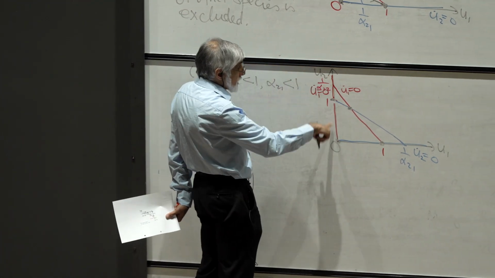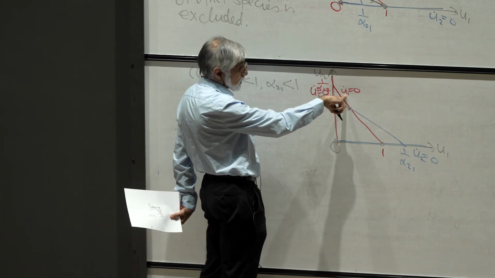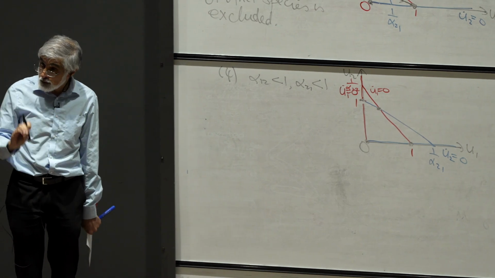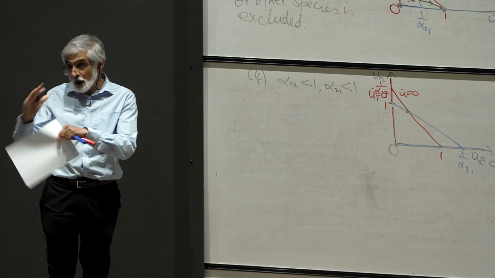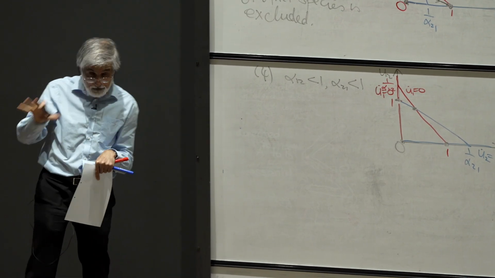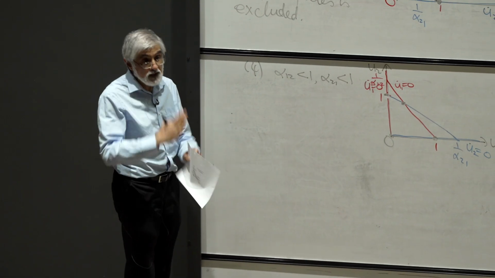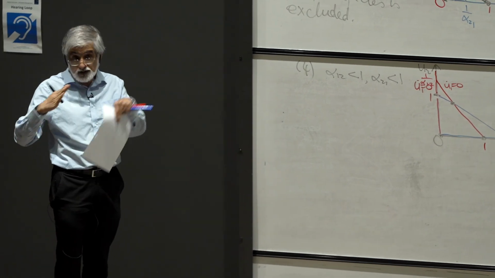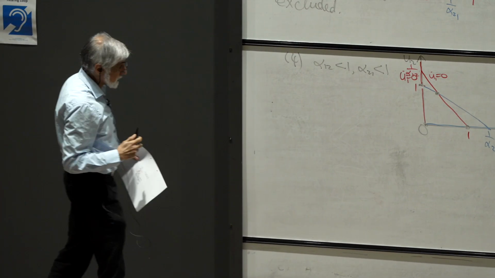This is where the two cases where u1 dot is 0. And remember, for the steady state, u1 dot has to be 0 and u2 dot has to be 0. So it has to be different null clines for the different species, okay? So thanks for pointing that out, because I've been a bit lax in that by just saying where the null clines intersect. What I mean is the null clines from the different species, okay?